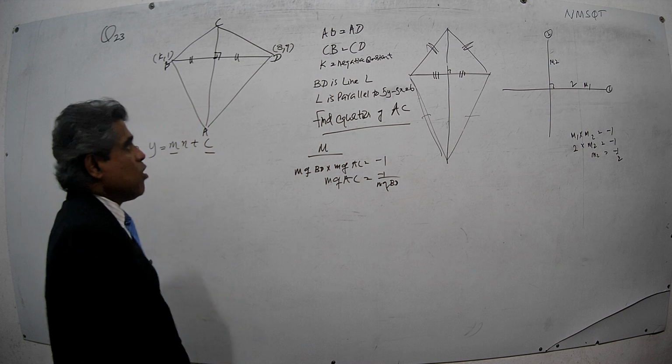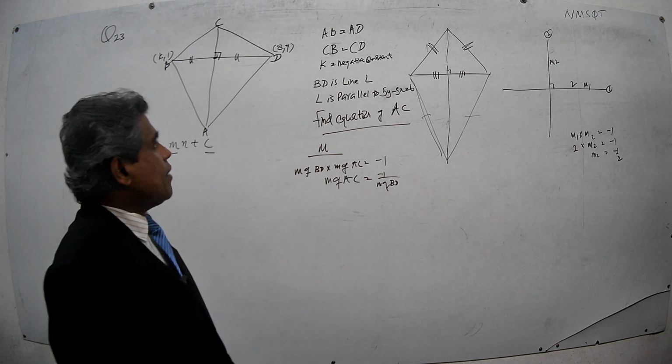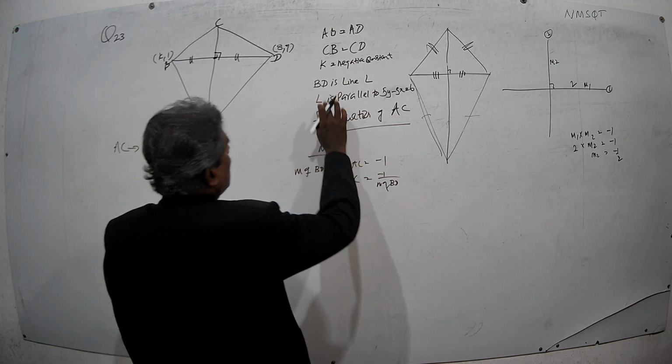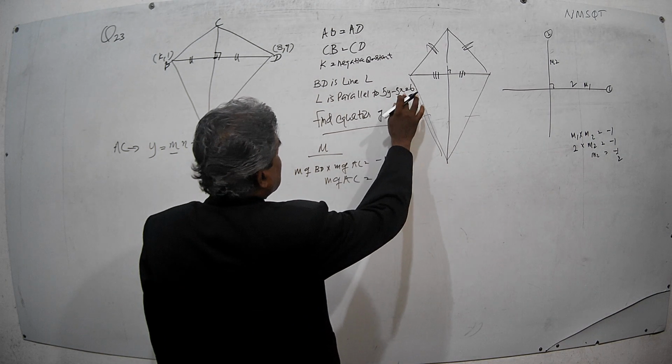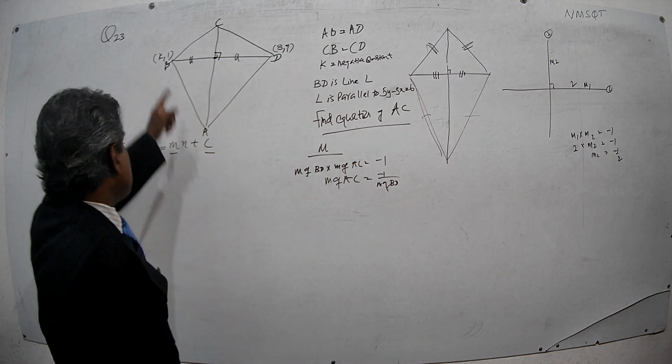M of BD can be found from this one. Here they say line L is parallel to 5y minus 3x equals 6. Line L is nothing but this BD line.